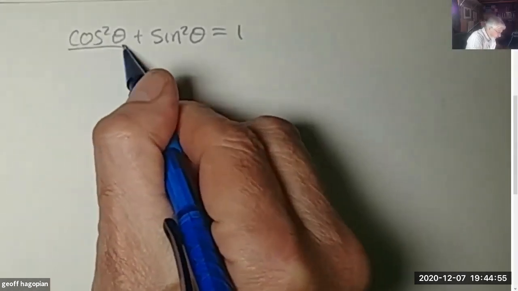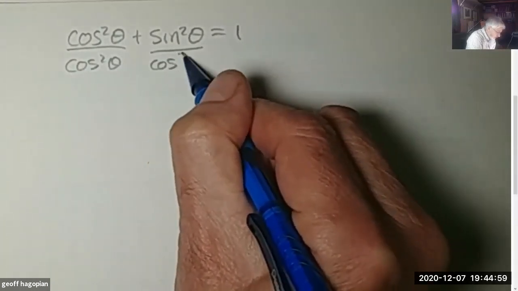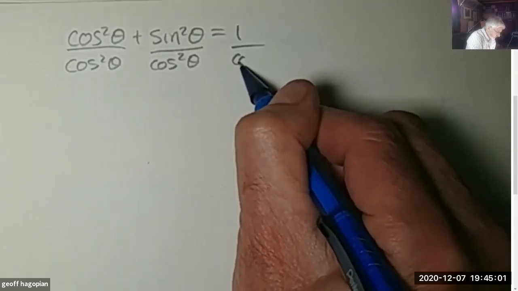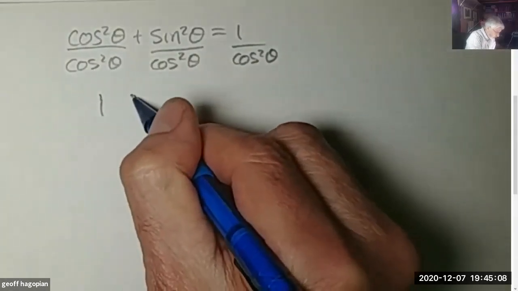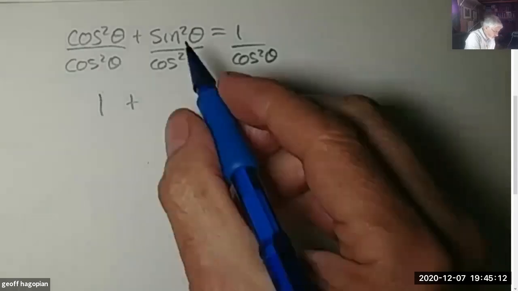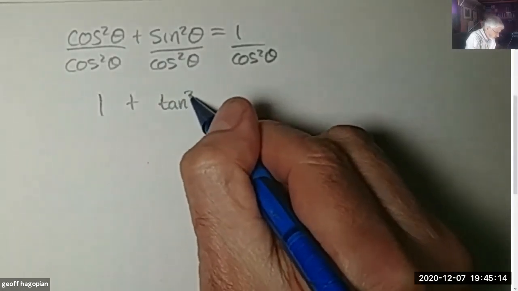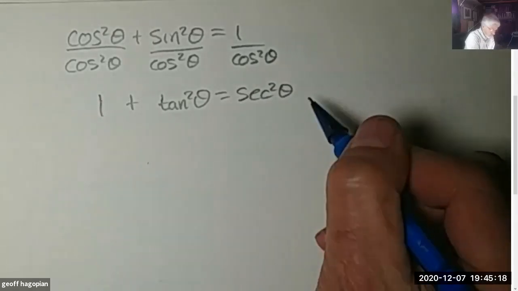If we divide all three terms by cosine squared, we get an alternate version of this, right? So divide each term on both sides of the equation by cosine squared. This is going to be 1. This is tangent squared. Sine over cosine is tangent, so this is tangent squared. And that's equal to secant squared theta, right?